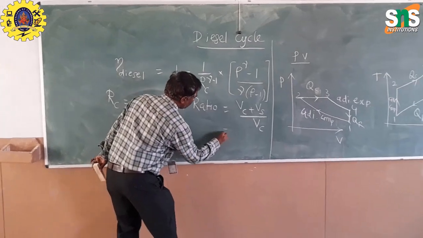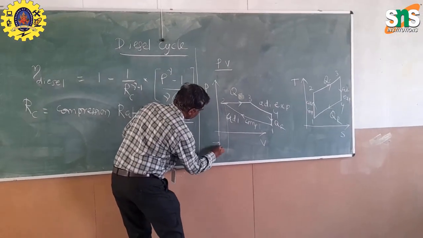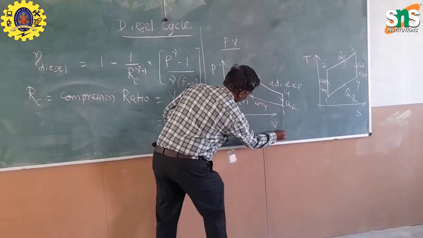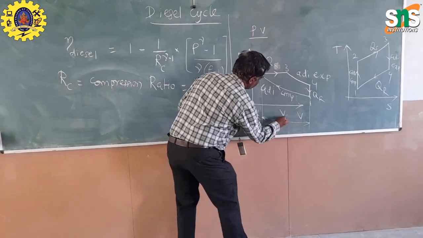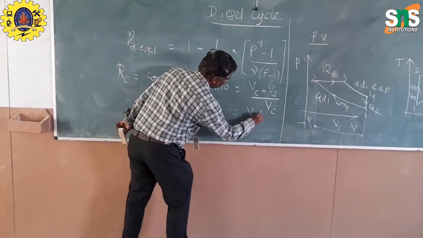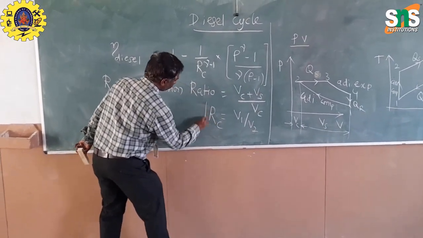Here Vc is the clearance volume, and the volume swept from the start of the cycle to the end of the cycle is called the stroke volume. So V1 by V2 will be the compression ratio.